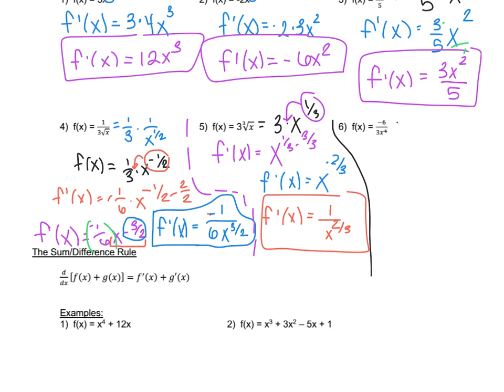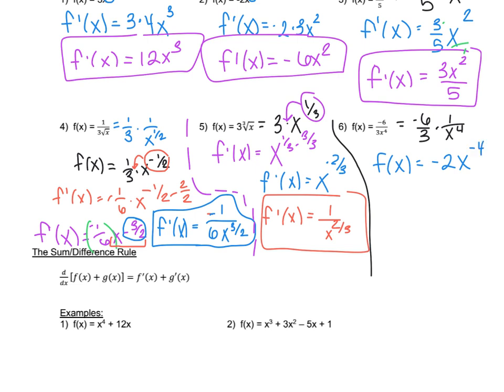Let's rewrite that and think of that as negative 6 over 3, so I'm kind of isolating that negative 6 over 3 times 1 over x to the 4th. And then what I can do is simplify this in a way that makes the power rule very easy to apply. So negative 6/3 is just negative 2, and then 1 over x to the 4th would be x to the negative 4.